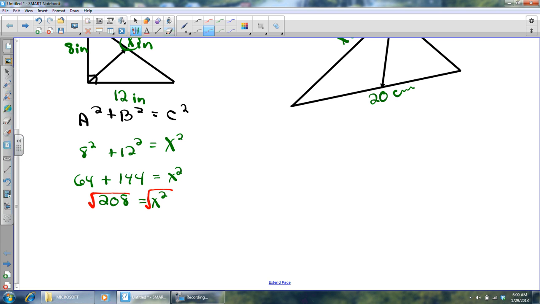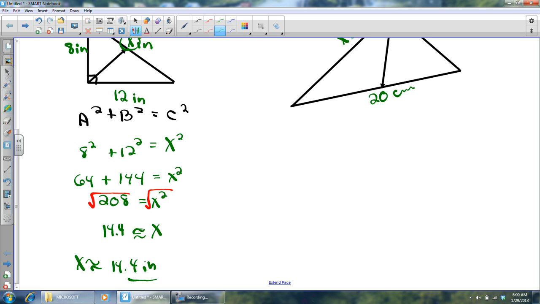When I take the square root of both sides, I will get x on the left-hand side, and the right-hand side will get me approximately 14.4. That's rounded to the nearest tenth, so I'm going to put the wavy equals in there. So x is approximately equal to 14.4 inches.